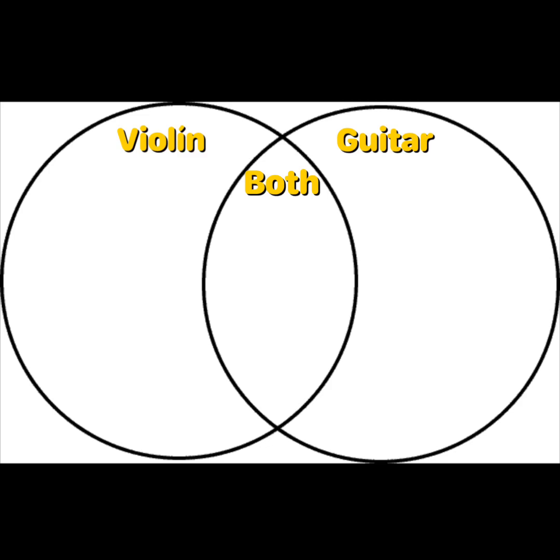Write the names of each style or instrument in the circles. How are the styles or instruments alike? Write your ideas in the middle. How are they different? Write your ideas under the lines in each circle. Okay?